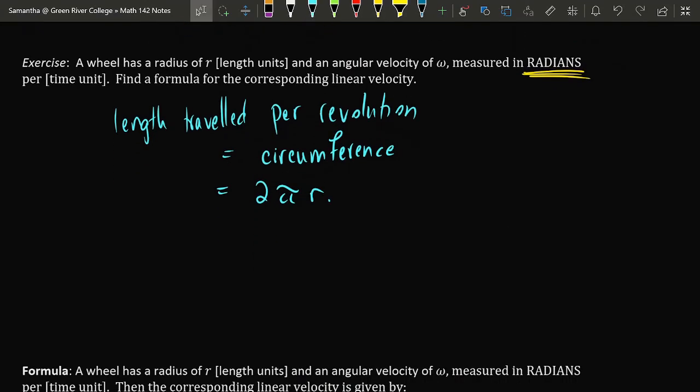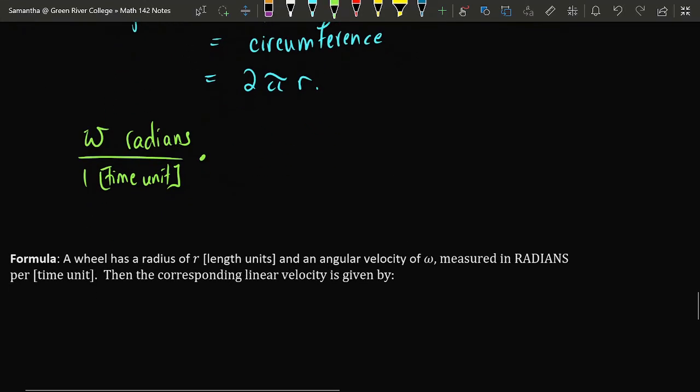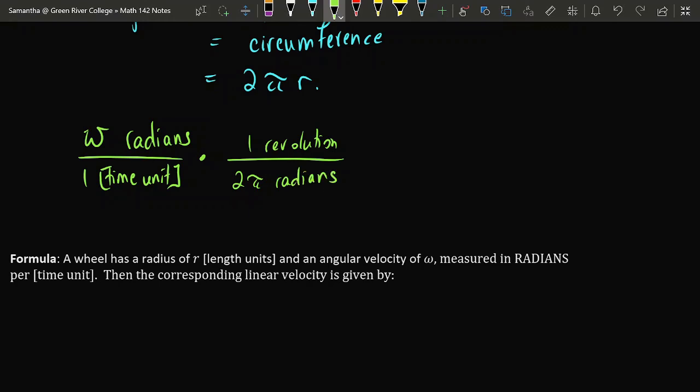So if I take my angular velocity, radians per time unit, then how many revolutions is this wheel spinning through per time unit? In one revolution, there are 2 pi radians. So using a unit analysis, I can multiply by the fraction that has radians in the denominator and revolutions at the top.